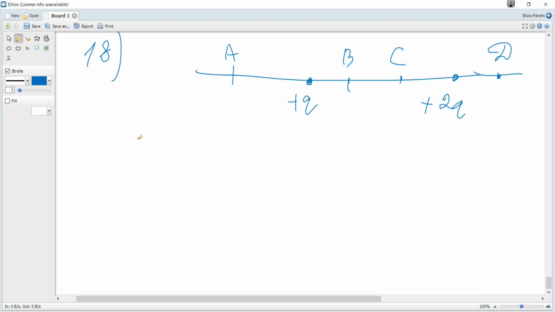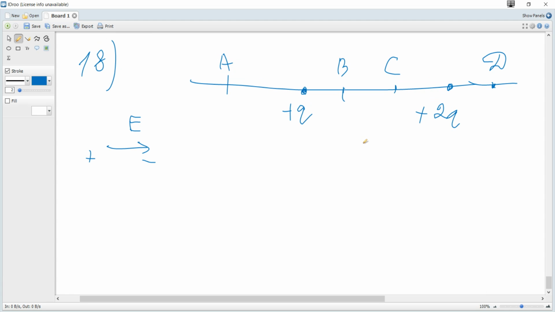We know that field is from plus to minus and inversely proportional to distance squared. It means the smaller the distance, the greater the field. If we consider point D, field is from plus.